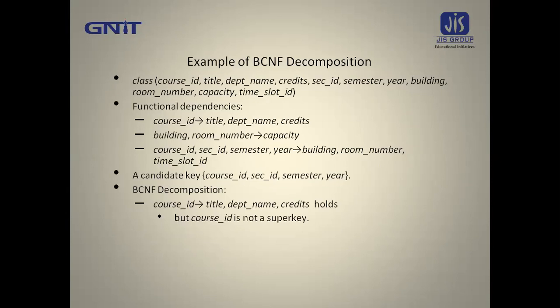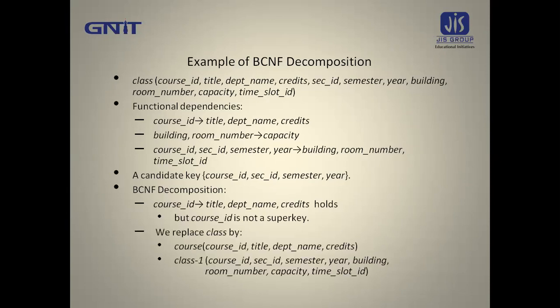And if it is not a super key, then we can replace class by two new sub relations, course and class 1. Course having course ID, title, department name, and credits. Class 1 having course ID, section ID, semester, year, building, room number, capacity, and time slot ID.